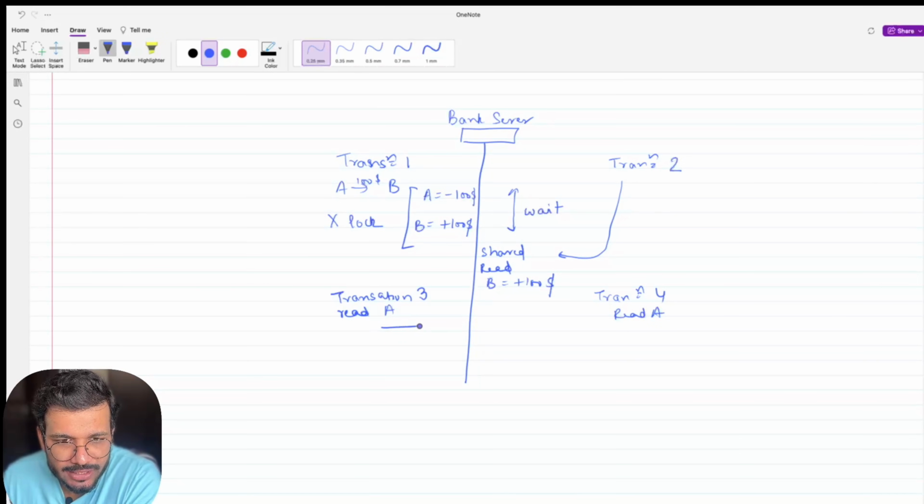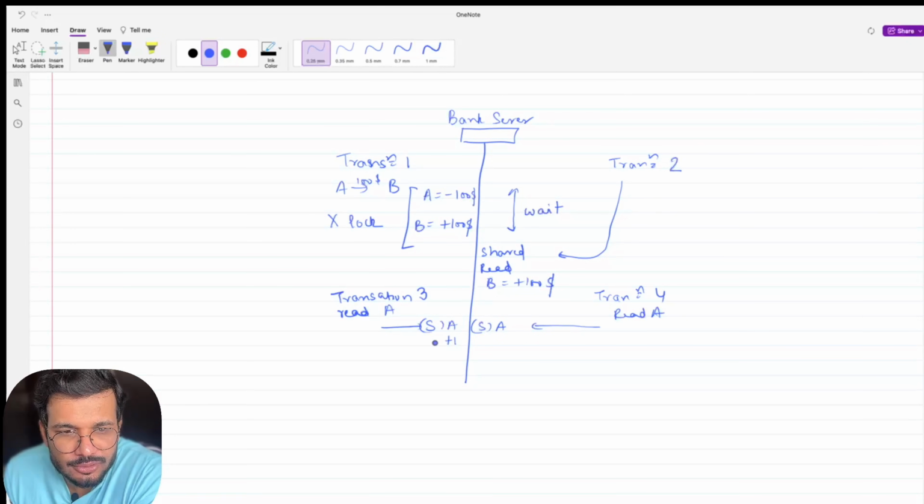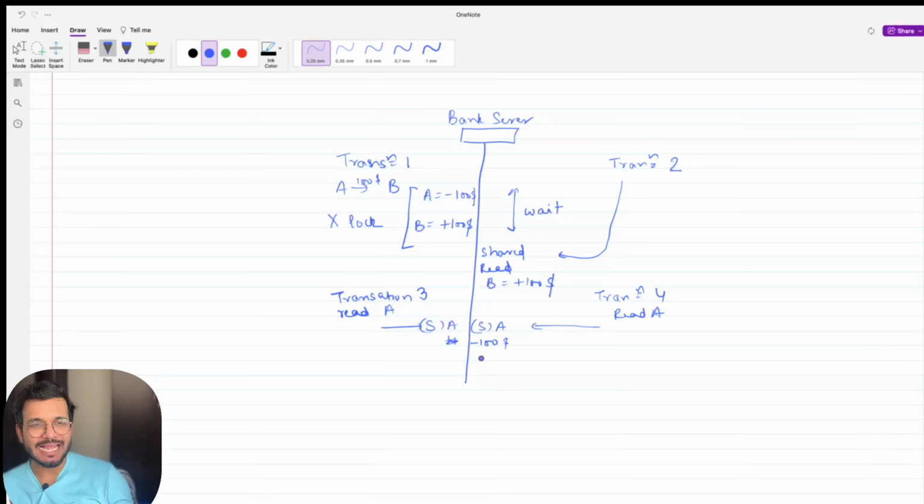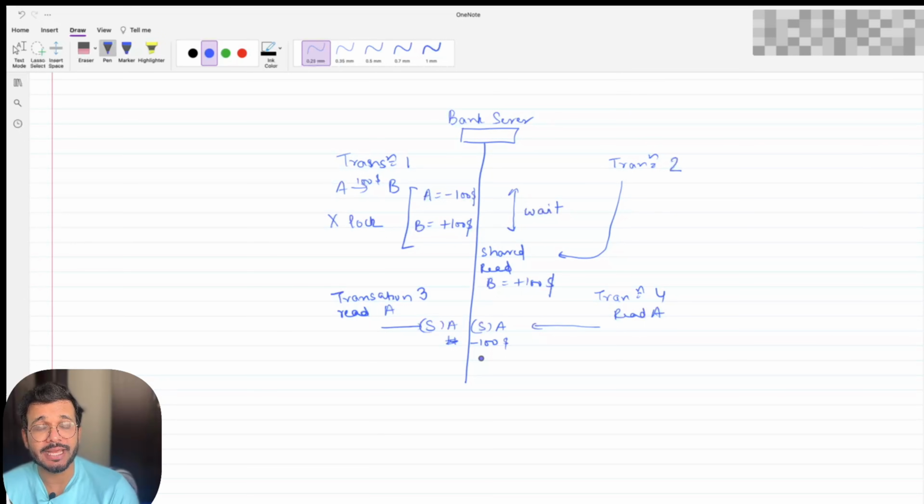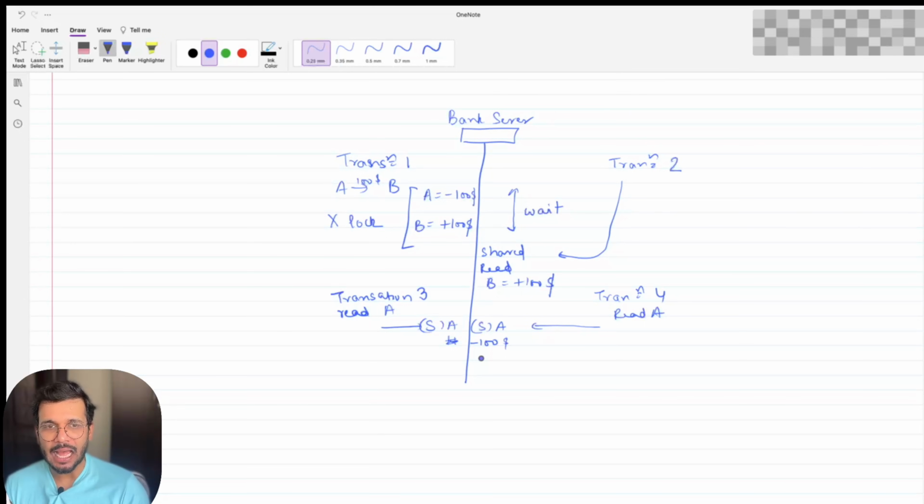Transaction 3 will get a shared lock over A. Similarly, transaction 4 will get a shared lock over resource A, and then both will read the same value, not plus 100, minus 100 at the same time. That way, both transactions can read simultaneously because it's a shared lock and not an exclusive lock. So this is how a typical two-phase locking happens.